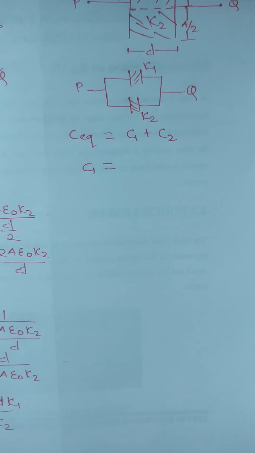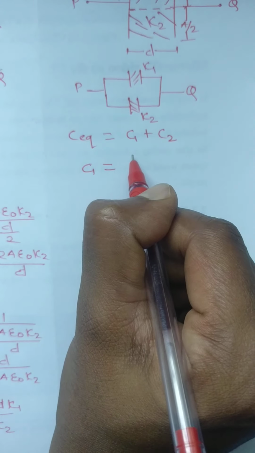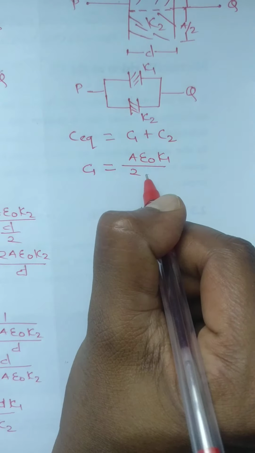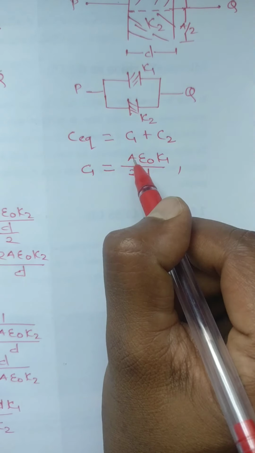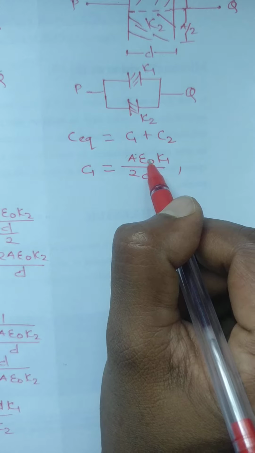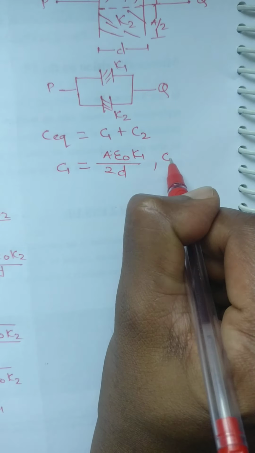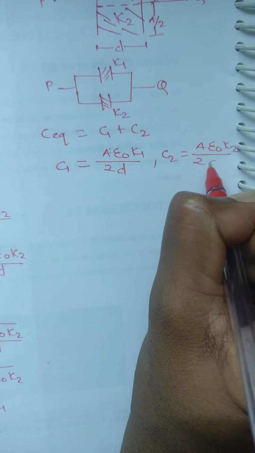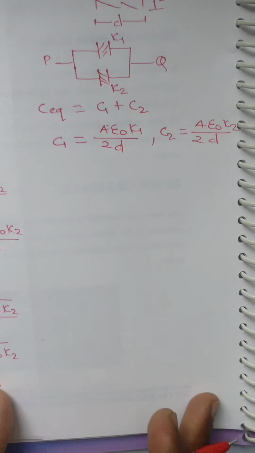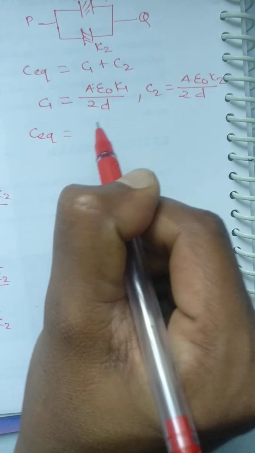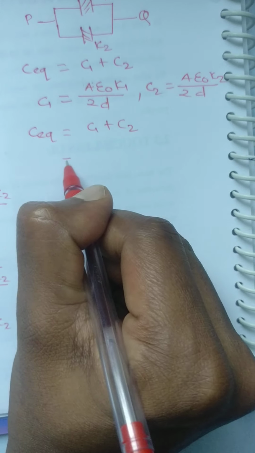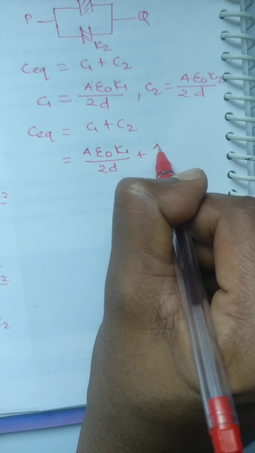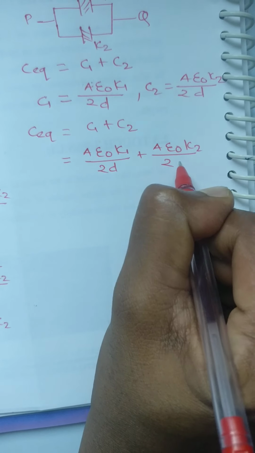C1 is equal to, we know how we take it, A by 2 epsilon naught K1 by D. The area is A by 2, we take A epsilon naught by D. Similarly, C2 is A by 2 epsilon naught K2 by D. So the equivalent value C1 plus C2 is A epsilon naught K1 by 2D plus A epsilon naught K2 by 2D.